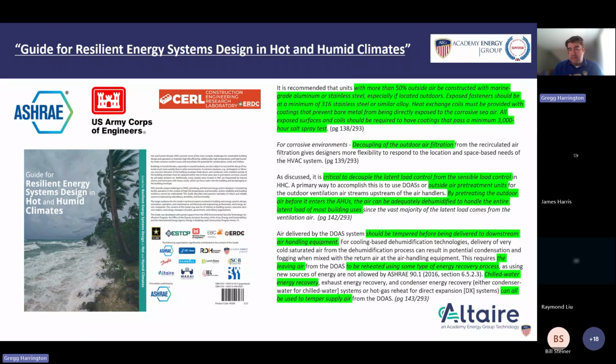And so when good approaches to technology are recognized, we were fortunate to partner with Searle when they were developing the most recent version of this Resilient Energy Systems design guide. And so things that they talk about in this design guide are the focus of our approach.